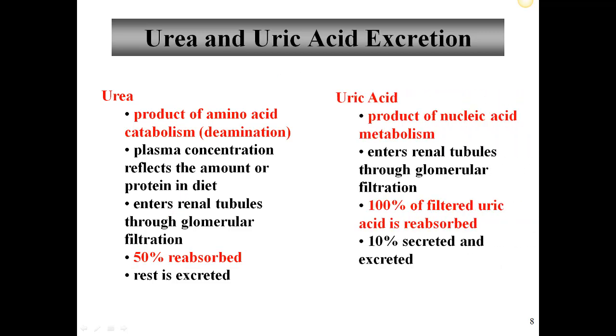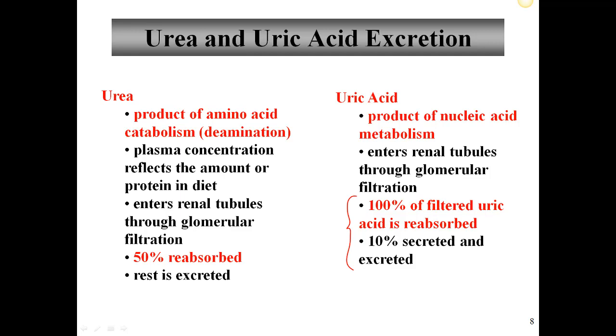The other substance we want to talk about here is called uric acid. Uric acid is a product of nucleic acid metabolism, so DNA, RNA. And its processing in the kidney is a little bit strange, and it really is still a mystery to me. I've never been quite able to figure out what's going on with this. But 100% of the filtered uric acid is reabsorbed.